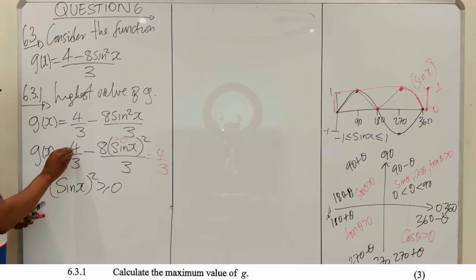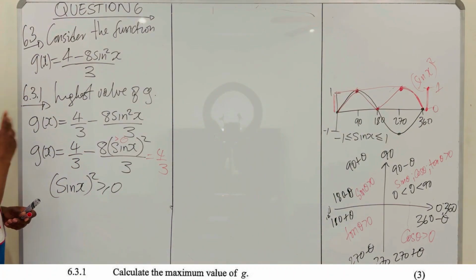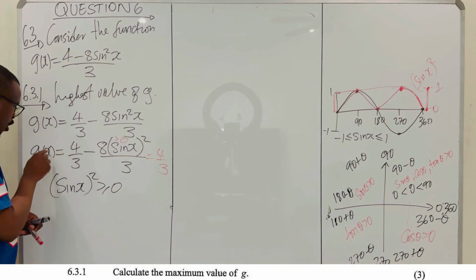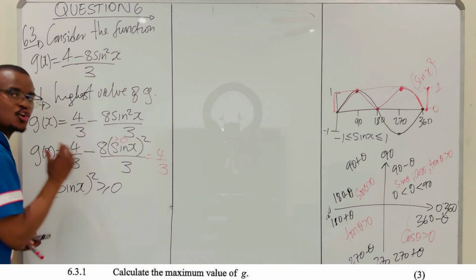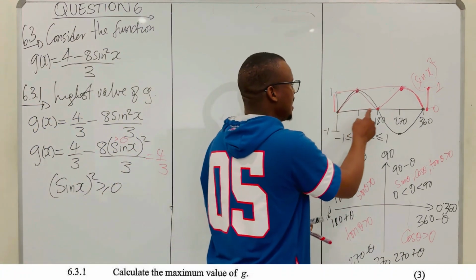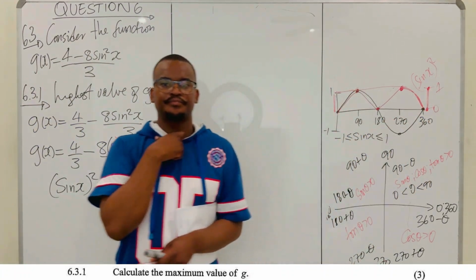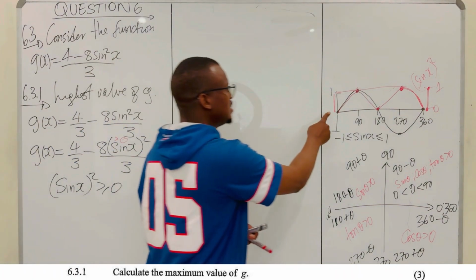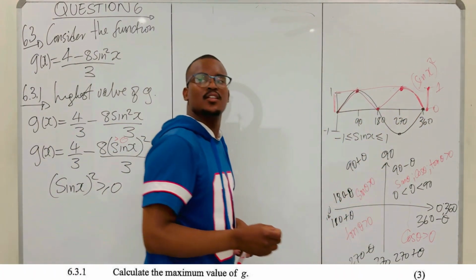We'll be reducing this number over here. So in order to get the maximum value, this part must be 0. Which means you get the maximum at 0, at 180, and 360. That's how you get your maximum. You get it at 0, 180, and 360 over there.